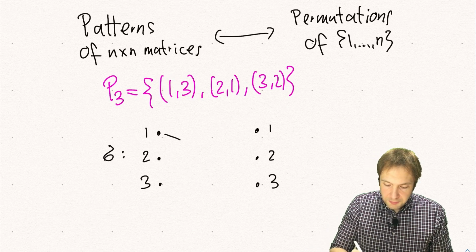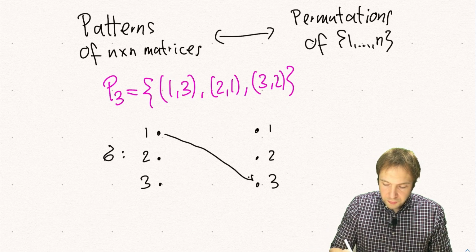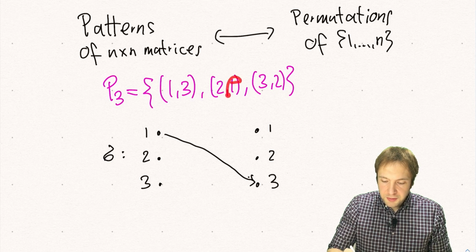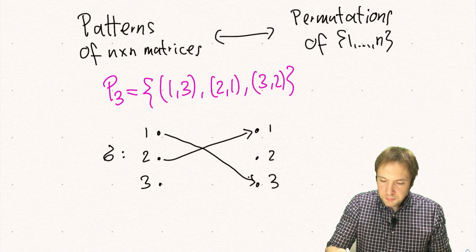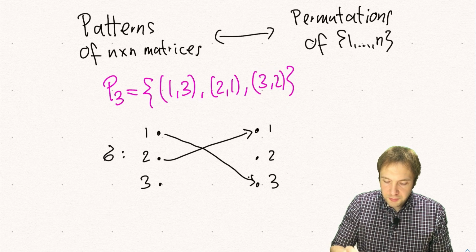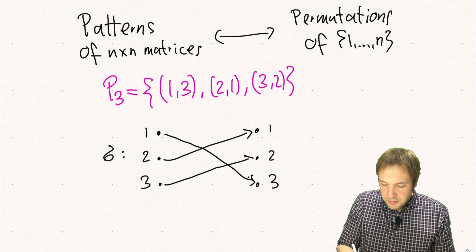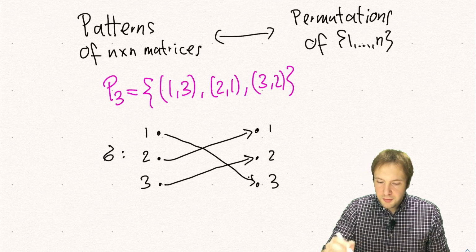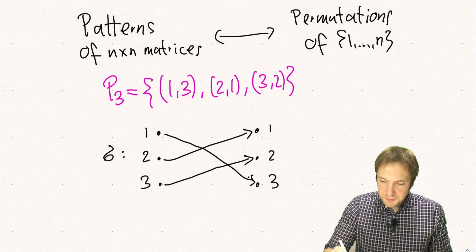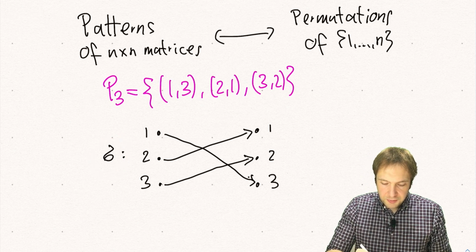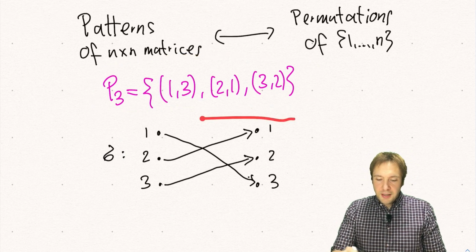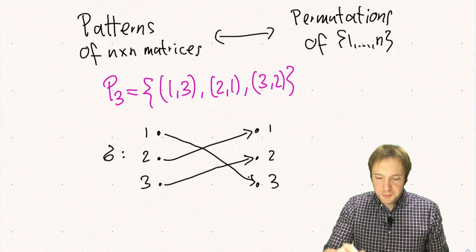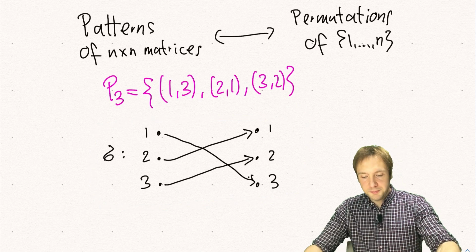So sigma is a map which sends 1 to 3. Sigma of 2 is 1, so it sends 2 to 1. And sigma of 3 is 2, so it sends 3 to 2. So this is the sigma corresponding to this pattern. And this picture will also be useful in the following.